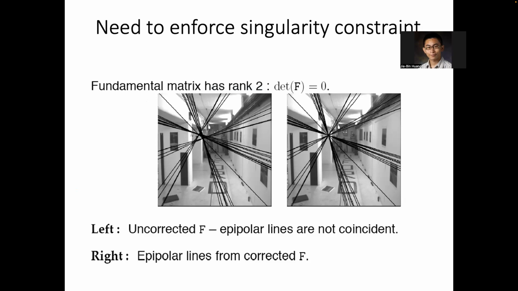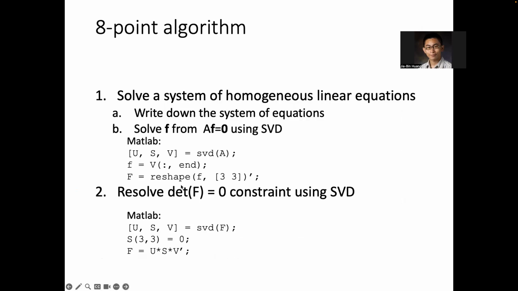On the left hand side, you can see that if you don't enforce that rank, the epipoles don't converge at the center. If you enforce that, it will behave physically correct. All right, so this is how you can do it.